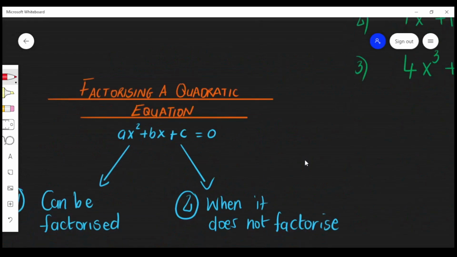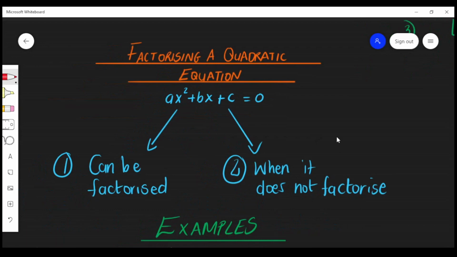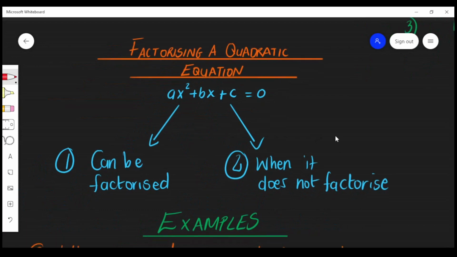You get two instances: where you're given a quadratic equation in its general form that can be factorized, and where it's in its general form but does not factorize.